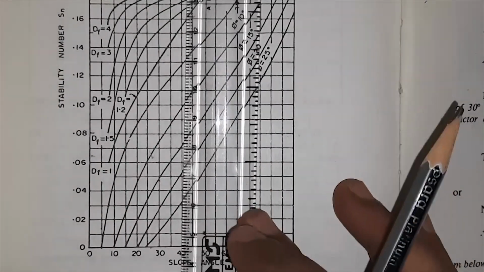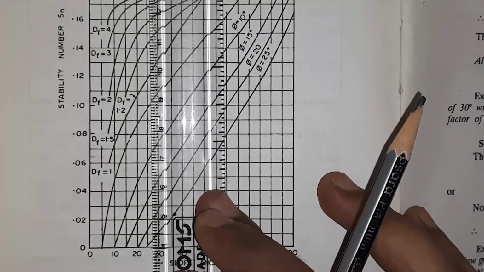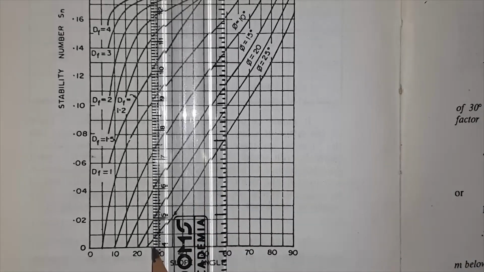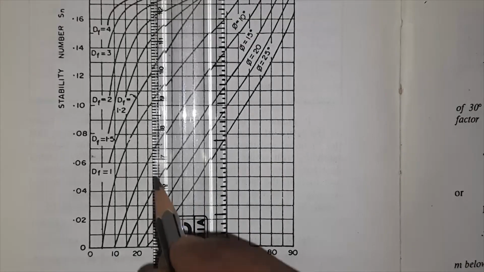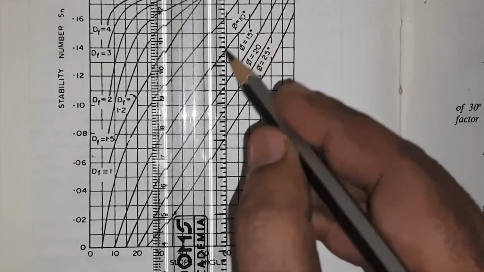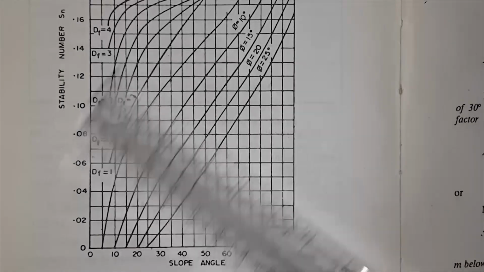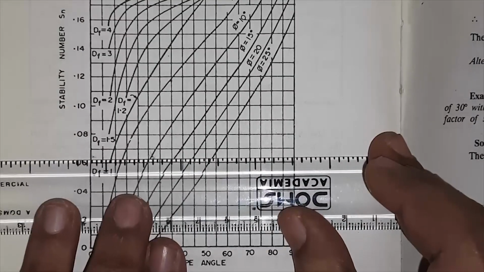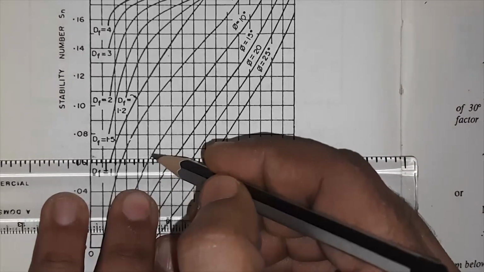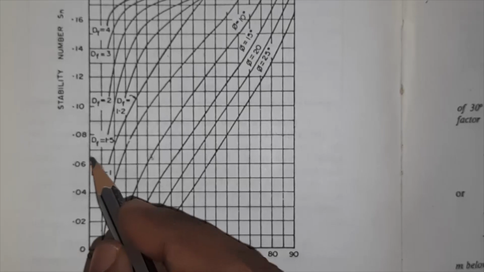So here, if I put a scale like this on 26.5 degrees, now if I draw a vertical line through this 26.5 degree so that it will intersect phi equals 10 degree curve, it will intersect somewhere over here, and from that point I will transfer this point on y-axis, so it will be somewhere here.